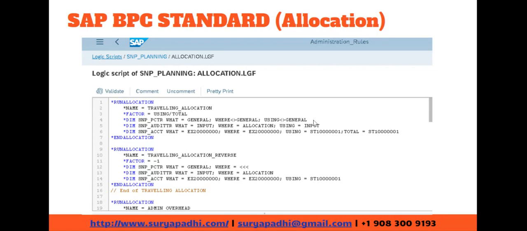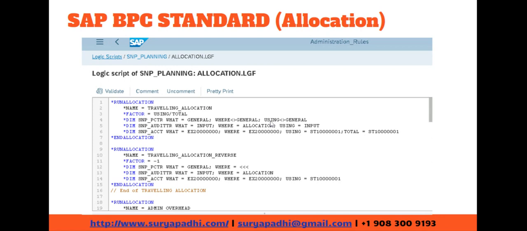And using what? So what is to be allocated, where to be allocated, and by using what? Using determines it is a statistical key figure. We are using the statistical key figure to allocate the expenses from the general profit center to other profit centers.